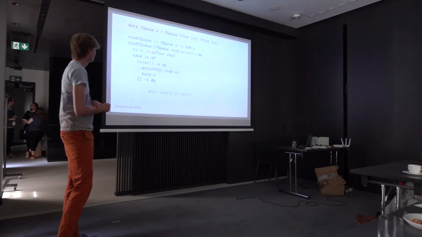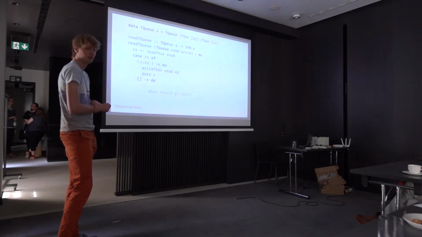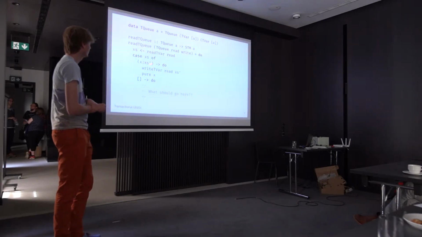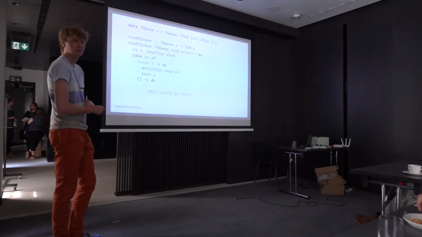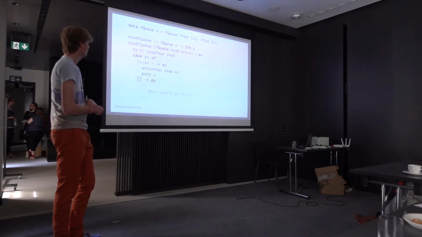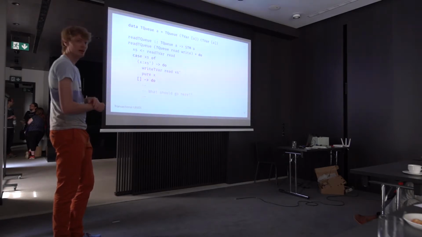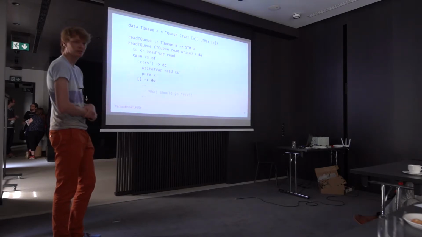We get the list of a's out of the TVar and then see if there's anything in it. If there's anything in it, then that's good. We take the first element out, and then the tail goes back into the TVar and we return our element.